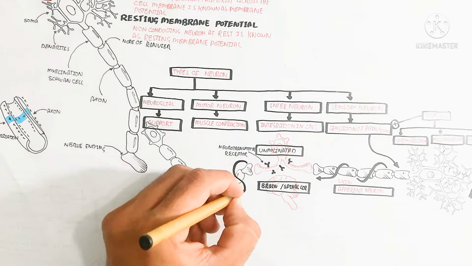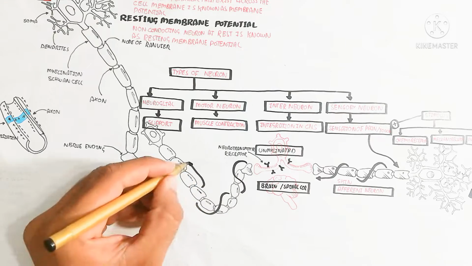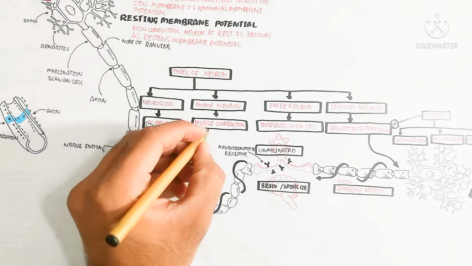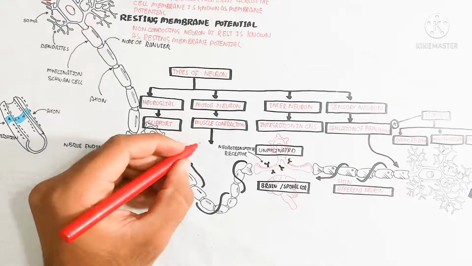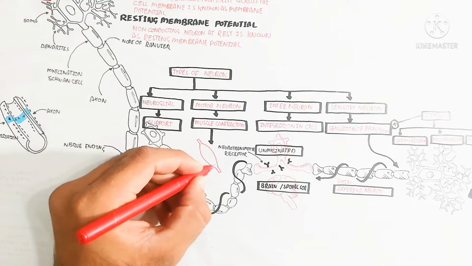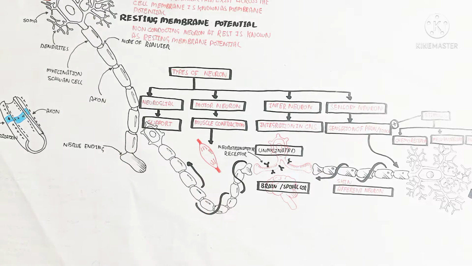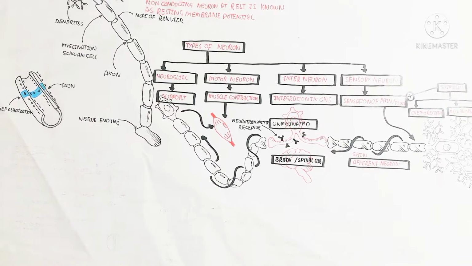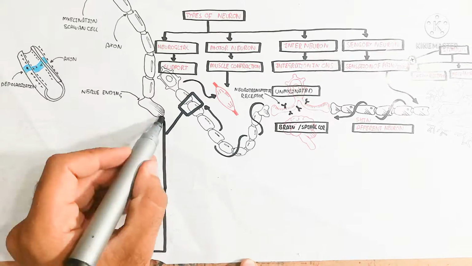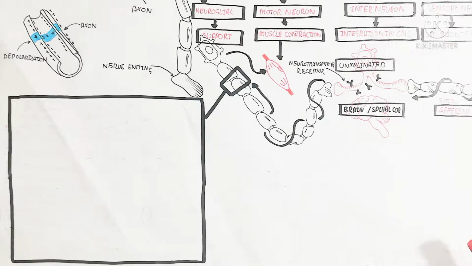After the integration, the motor neuron will transmit the signal to the muscle through a neuromuscular junction to contract the muscle. That is the response, and it is due to the efferent neuron. The motor neuron is also known as the efferent neuron. So the synaptic cleft and neuromuscular junction are present.